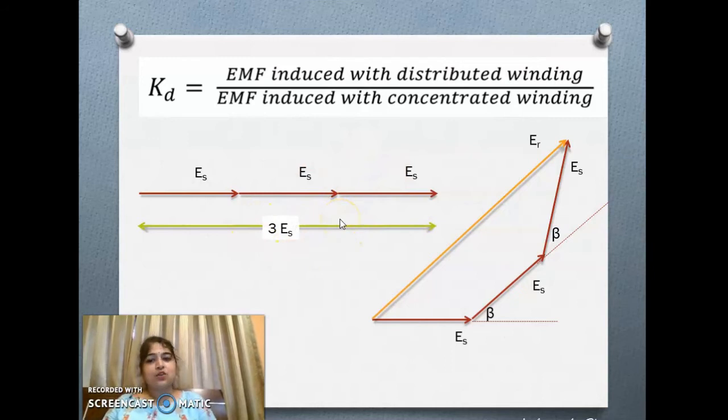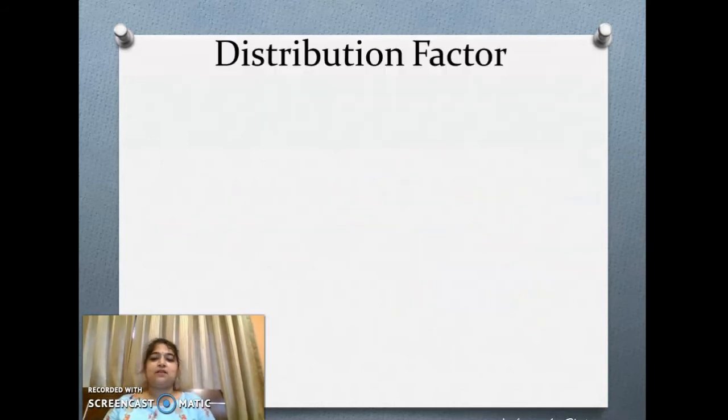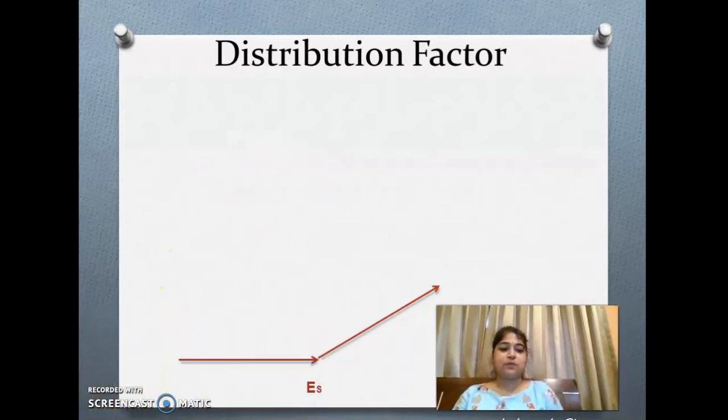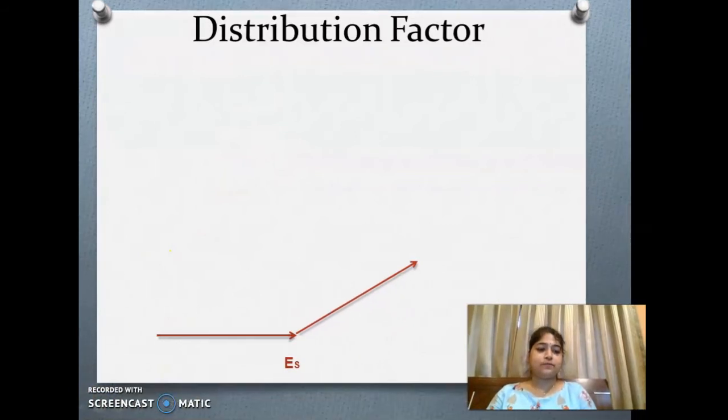Clear? So to understand this vector sum better, again have the phasor diagram here. This is the ES induced in one of the conductors in the first slot. This is the EMF induced in another conductor placed in the second slot.